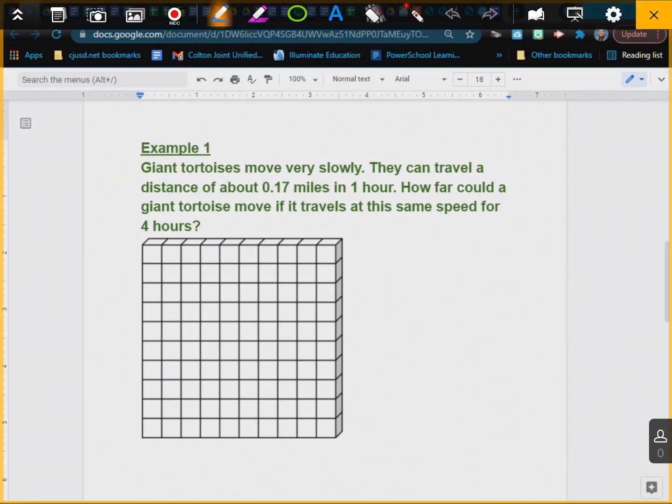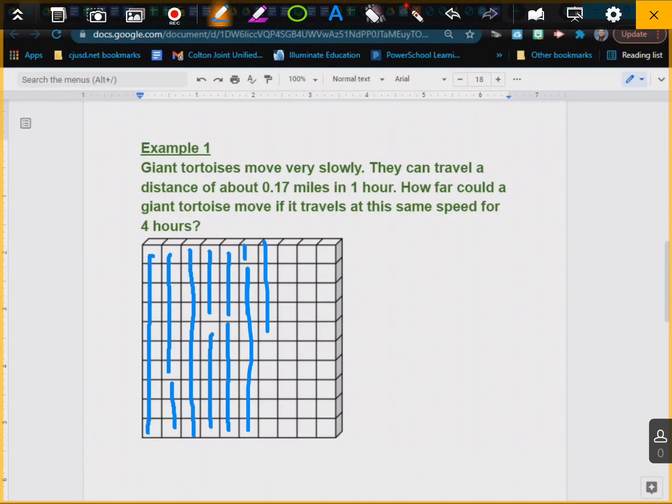So what you want to do is fill in 4 groups of 0.17. I'm just going to pretend 0.17 is 17. So each of these is going to represent 0.1. So there's 10, and 7 more. Then another group of 10 and 7. Then another, and one more.